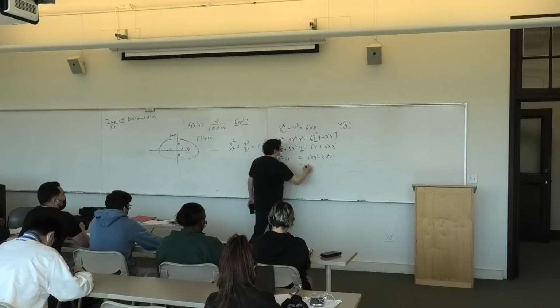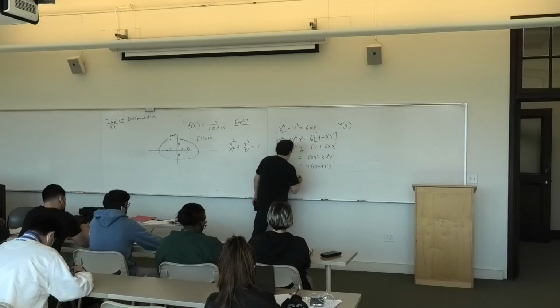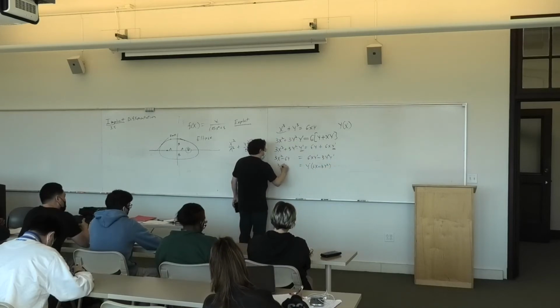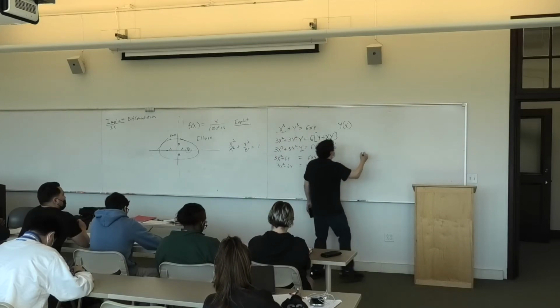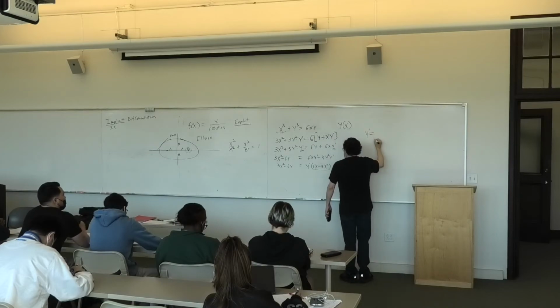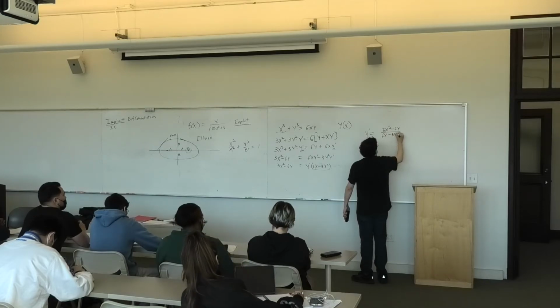And I'll factor out the y prime, and still have this. Now I can divide by this, and lo and behold, I get y prime equals 3x squared minus 6y over 6x minus 3y squared. Oh boy.